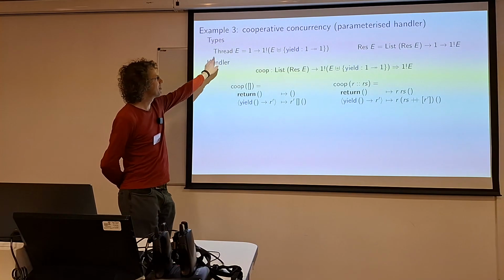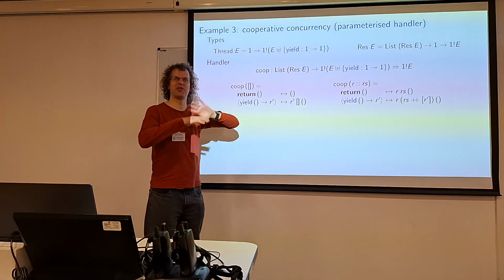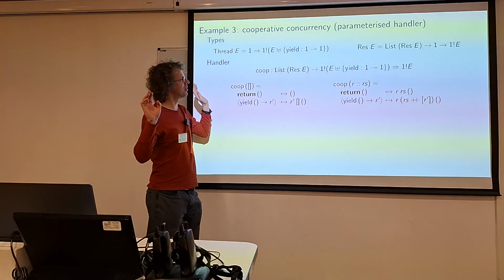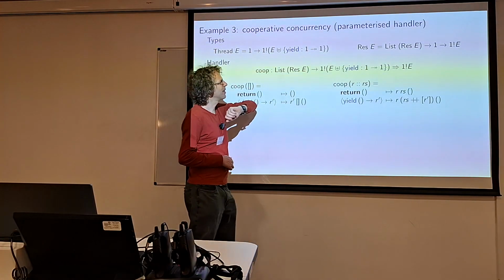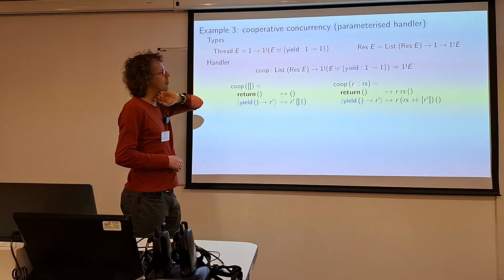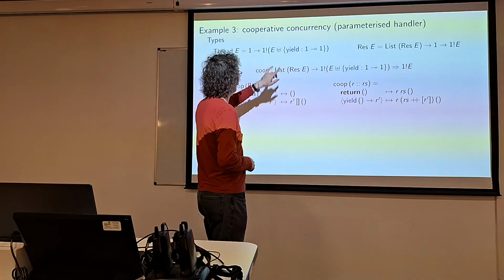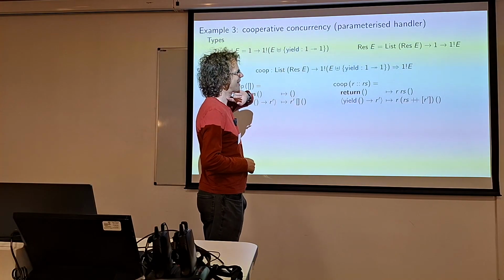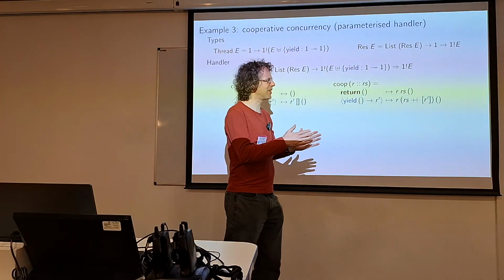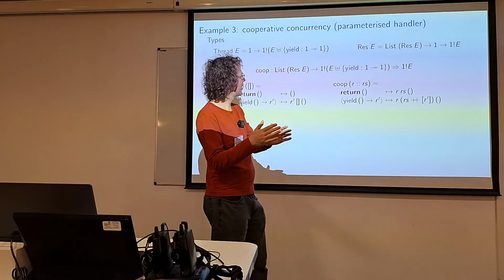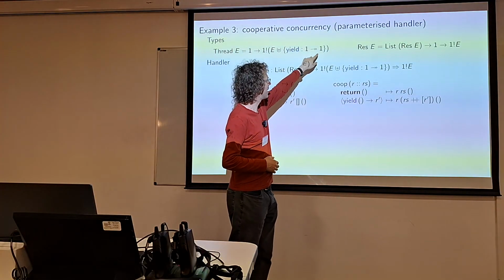So we're going to have a type of threads. Again, I'm just going to assume they don't actually take any input values or return any values, but they can perform the yield effect. But the resumptions, it turns out, that we're going to be generating are not quite the same thing as threads. Remember, in the parameterized case, you take a parameter and then the continuation, then the result returned by the operation.